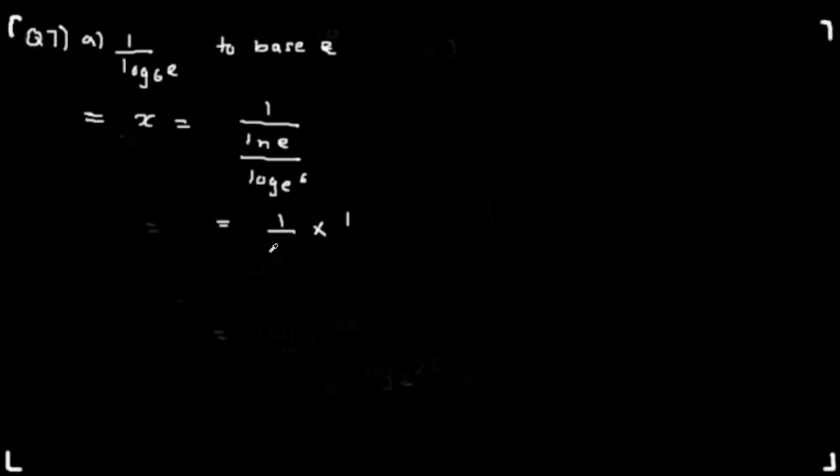So from here, 1 over 1 over log e 6. From here you can just write down it's log e 6, and like I said, this would just be ln 6, right? That's question 7a.